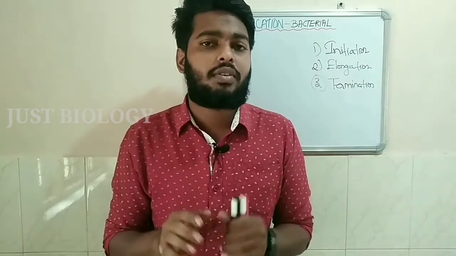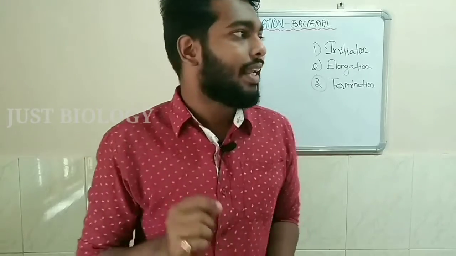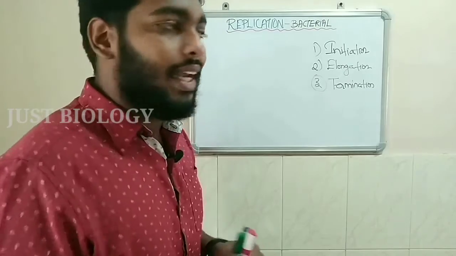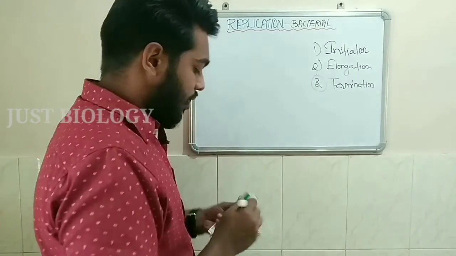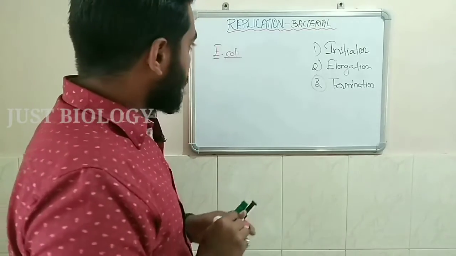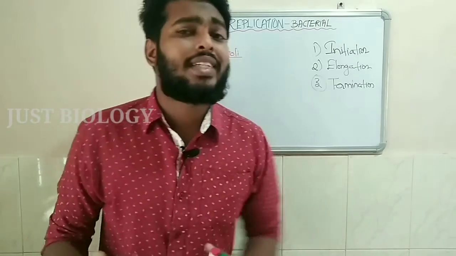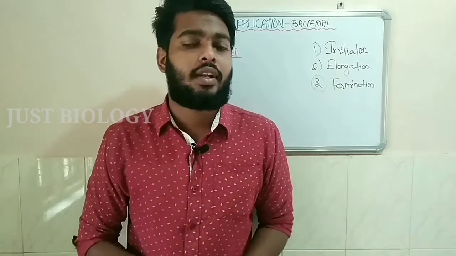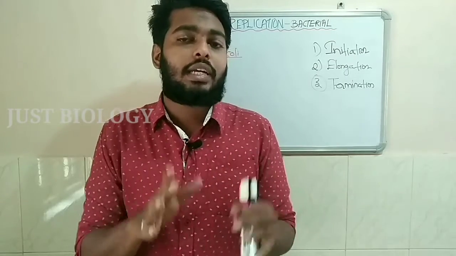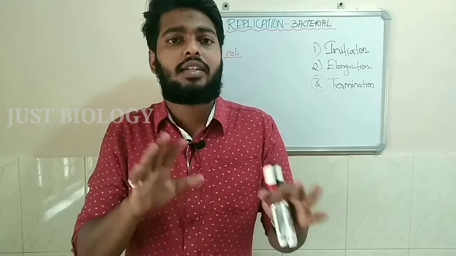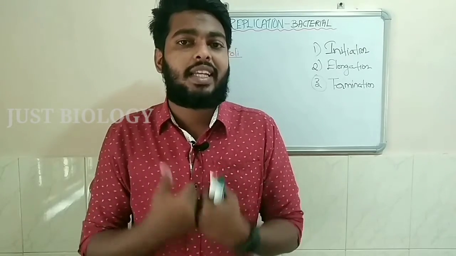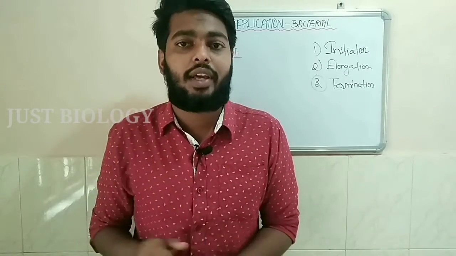Now, when we talk about bacterial cells, let us take an example, E. coli. We'll take E. coli for this experiment on replication. If you look at E. coli cells, they undergo a specific cell division, unlike eukaryotes.